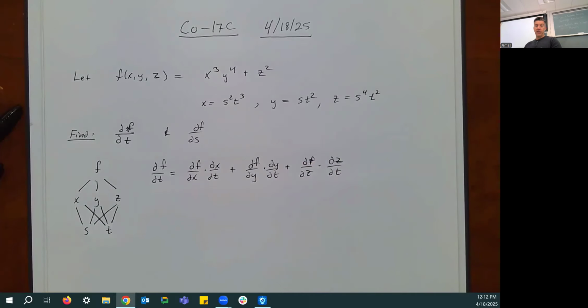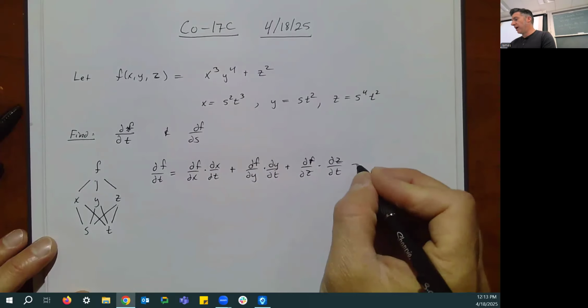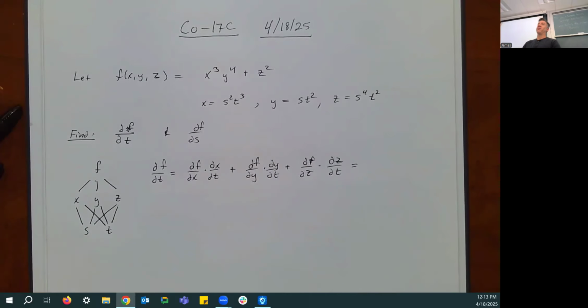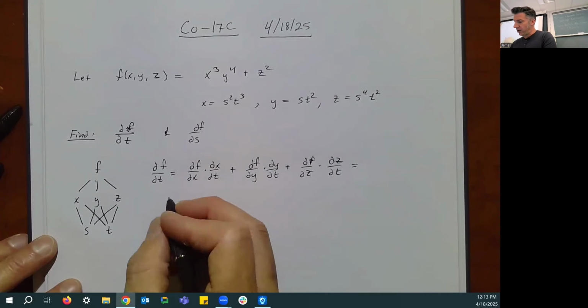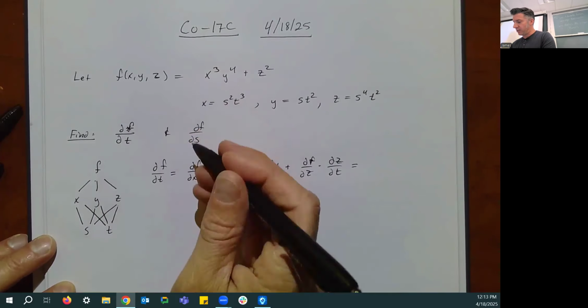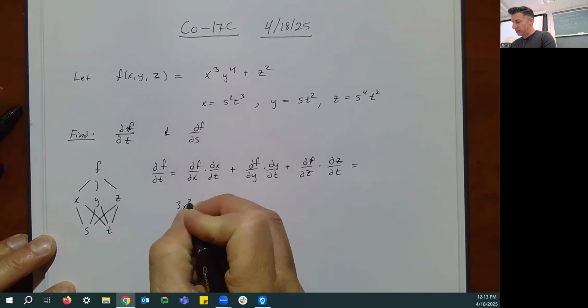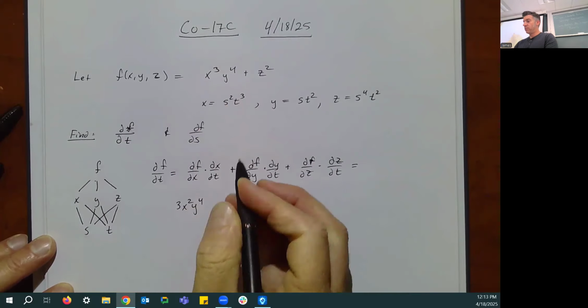The rest is writing it out. Well, I should say the rest is finding the partial derivatives and writing it out. So let's find all the things. So del F del X is going to be 3x squared times y to the fourth plus 0.